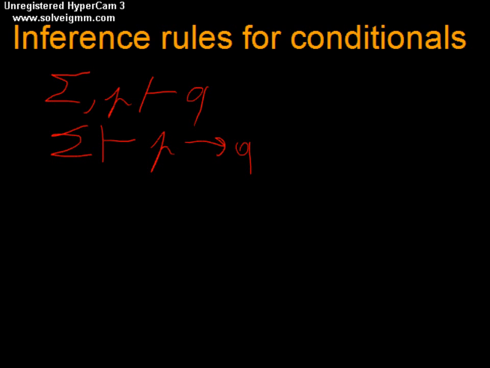So this allows us to introduce implications. Now, to eliminate implications, it can be done as follows. From P, and from P implies Q, we can always infer that Q holds. This is sometimes called modus ponens, and it is extremely important.